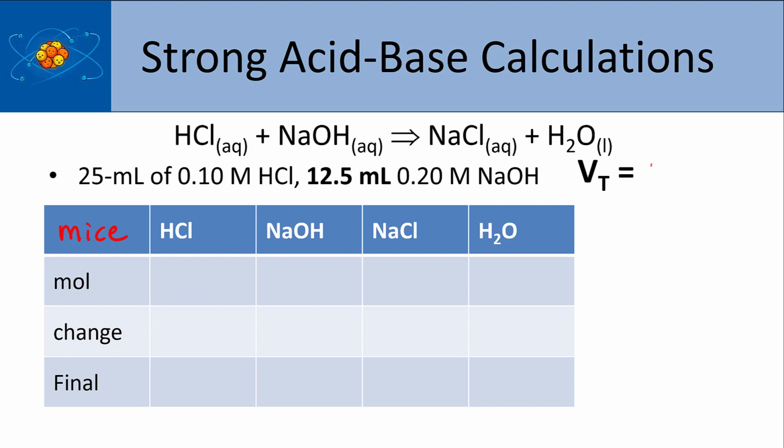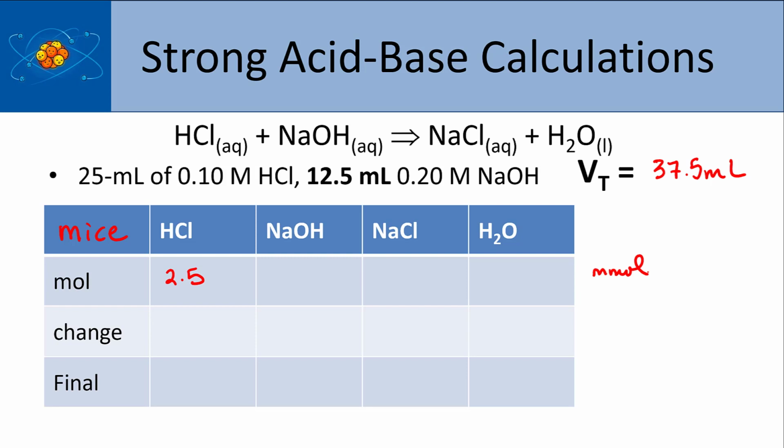And so we have your total volume, 25 plus 12.5, so that's 37.5 milliliters, right? And then the HCl millimoles is going to be 25 times 0.1, so it's still the same, right? So it's 2.5. And again, just make a note here that you're doing millimoles. It's rarely a problem, but occasionally, you can lose track of units if, for example, it's given in liters somewhere and milliliters in another place.